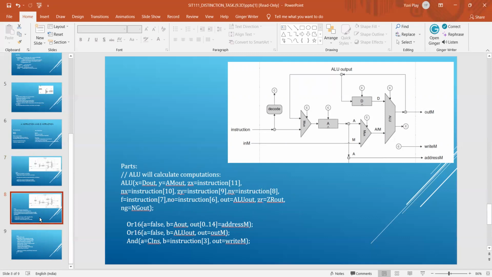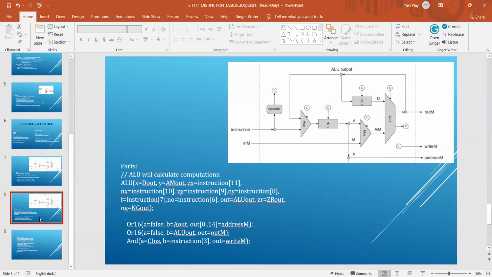In the next line, the ALU is used to calculate the computation. Inside the ALU, there are several control bits such as zx, nx, zy, ny, f, and no. These control bits are used to tell us which function will be computed.